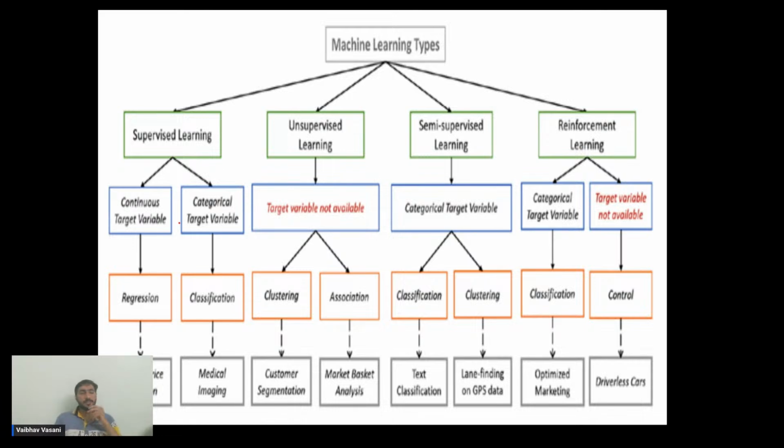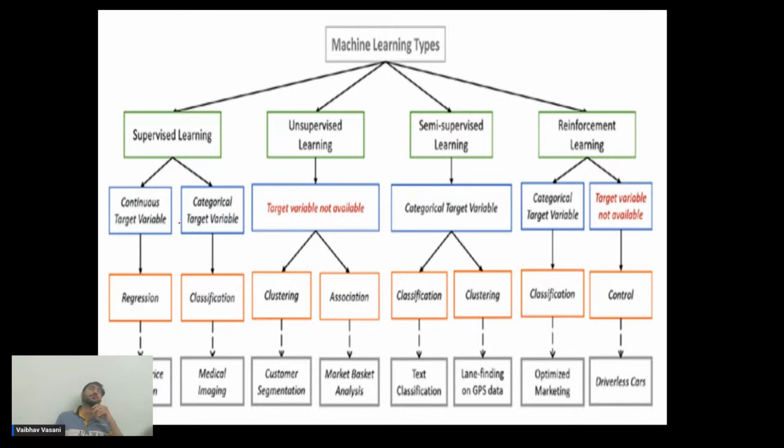Supervised learning: when I say it's supervised learning, we have a data set available with its labels. If the data set is labeled, then we can call it supervised learning. We use it for continuous data variables, and also for categorical.